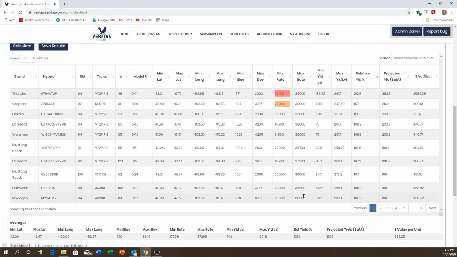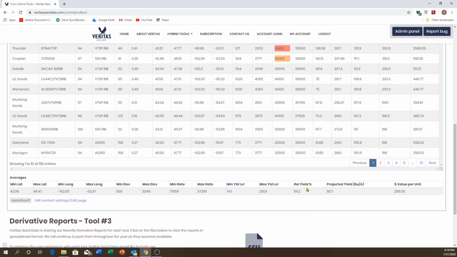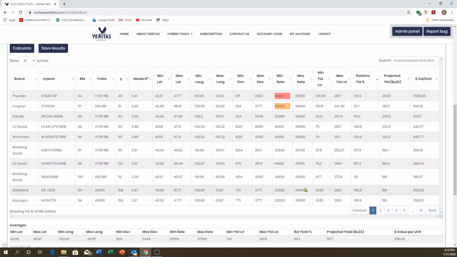In this tool, I will have several of those that I'll pull together and list here and make available to you so that you can take a look at how you can use tool number 3 to quickly understand the nature of these hybrids, where they fit, where they're adapted, how they respond, and how well they would be expected to perform for you.